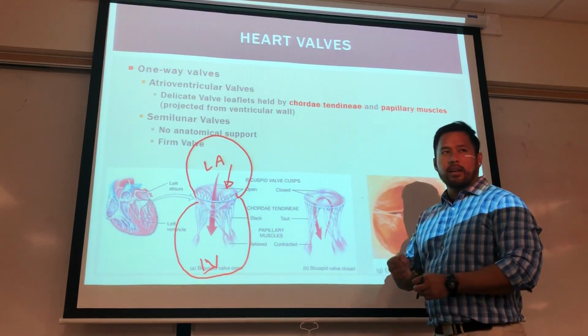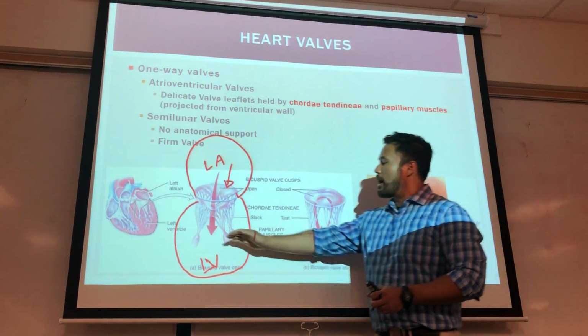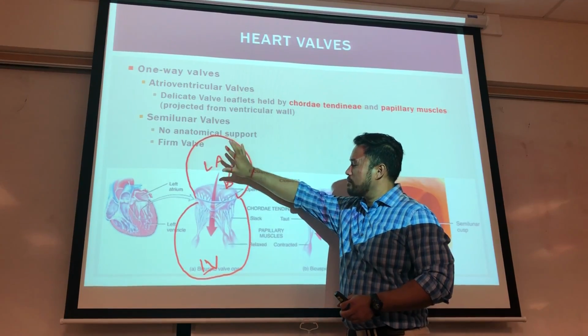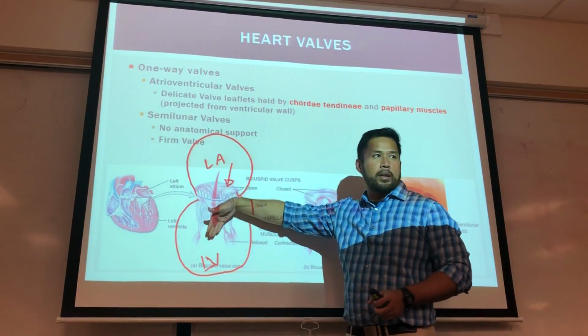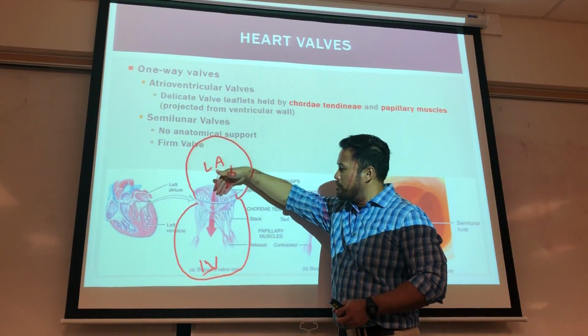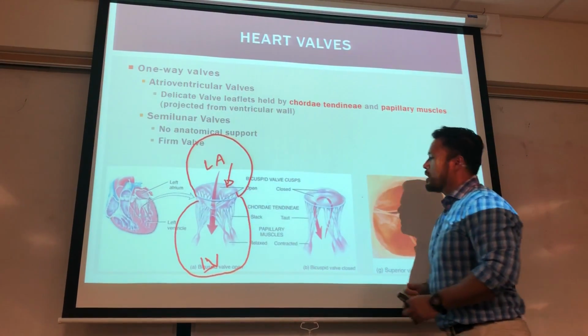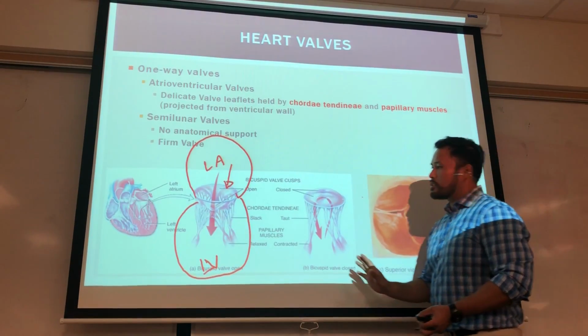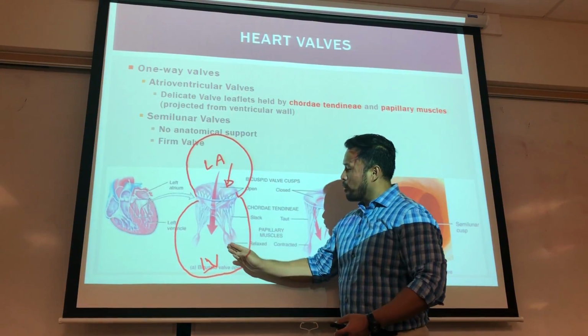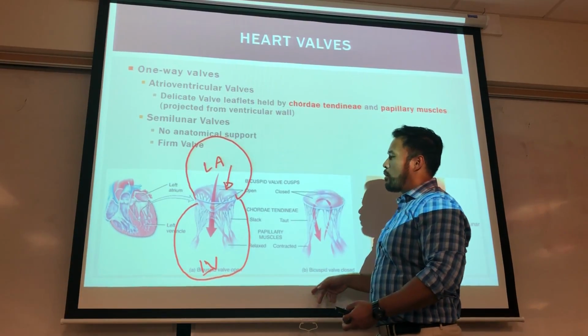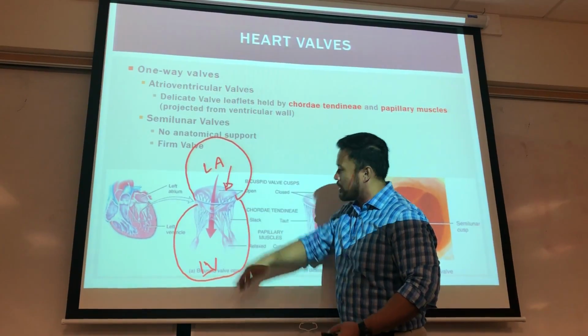So it kind of works like an upside down umbrella where when blood flows from the left atrium into the left ventricle, the valve is opened. And so flow should be unimpeded as it flows into the left ventricle. Now what happens when the left ventricle starts to squeeze and the left atrium relaxes? What that's going to do, it's going to force blood only one way. So blood can only flow from left atrium to left ventricle.